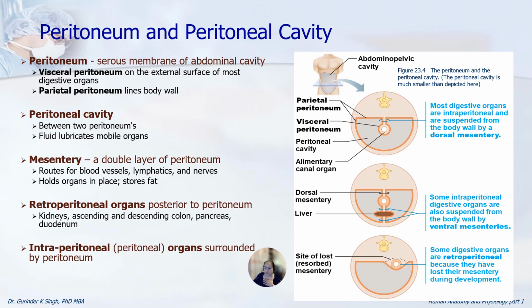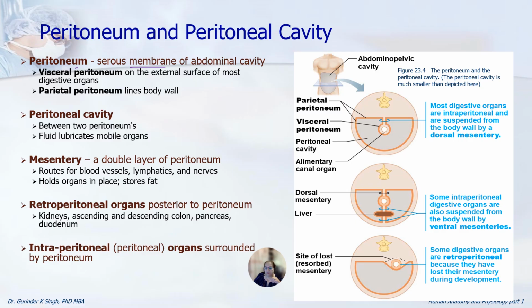For example, in the thoracic region, we have the pleural cavities and the pericardial cavity, which holds the heart, and in the abdominopelvic region, or the abdomen, we call it the peritoneum. The peritoneum is the serous membrane which lines the abdominal cavity.